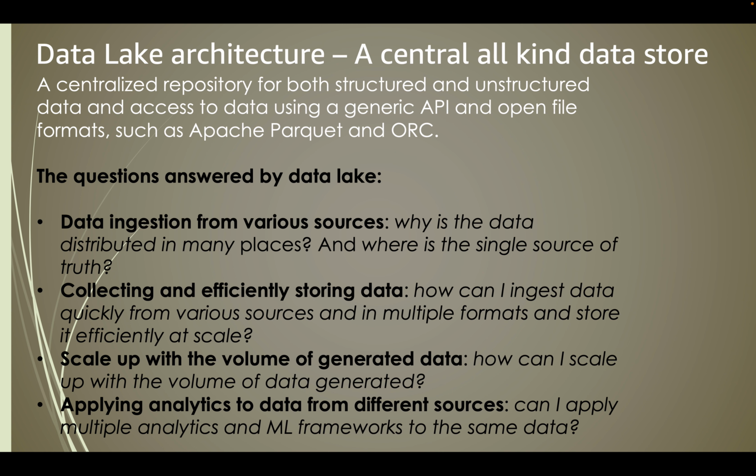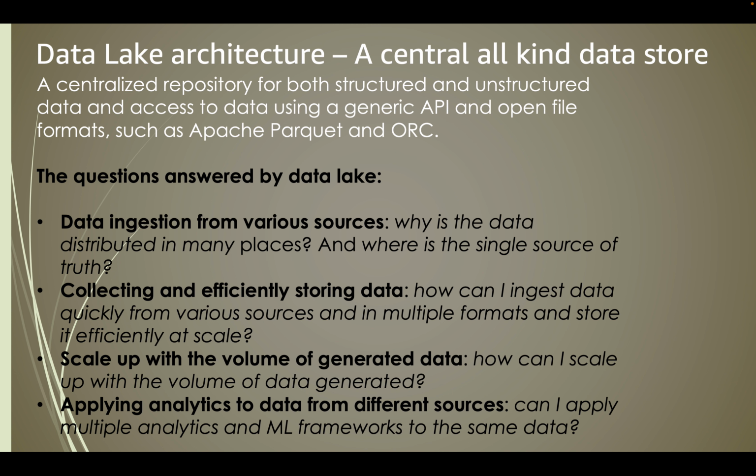The other is collecting and efficiently storing the data. So how can I ingest the data quickly from various sources? In the olden days, when you had these traditional data warehouse systems or structured relational database systems, any data coming in, you had to pre-process first and make sure that it satisfied the schema defined by the relational database, and that slowed the speed, especially for real-time data, with so much data coming from social media and all.